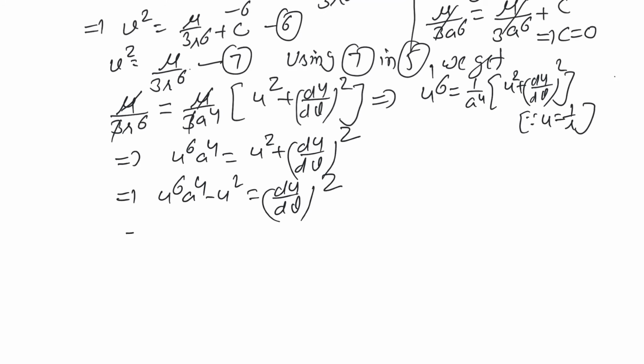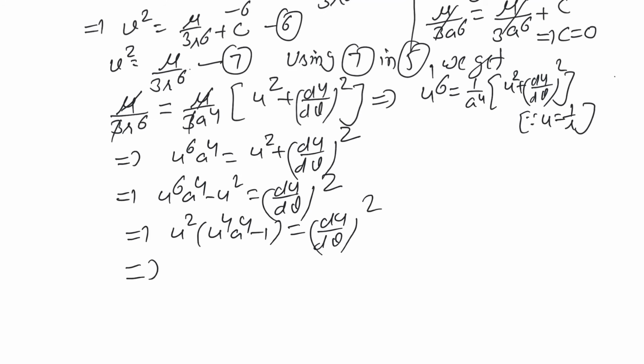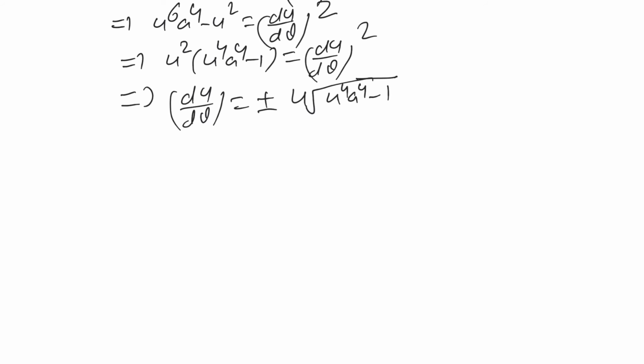This implies that u square (u^4 a^4 minus 1) is equal to (du/d theta) whole square. This implies that du/d theta is equal to plus minus u square root of (u^4 a^4 minus 1). Now here we have both signs plus and minus. We will see which sign to retain and which not to.